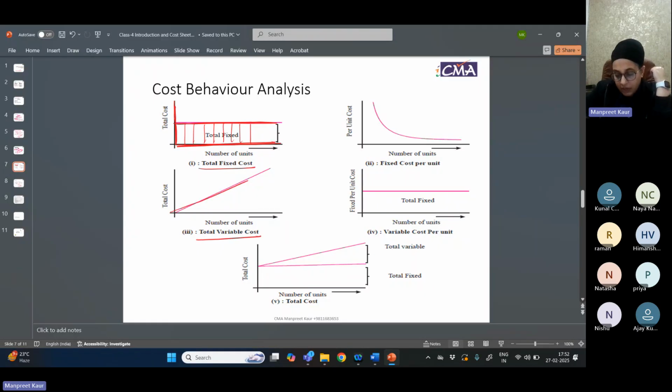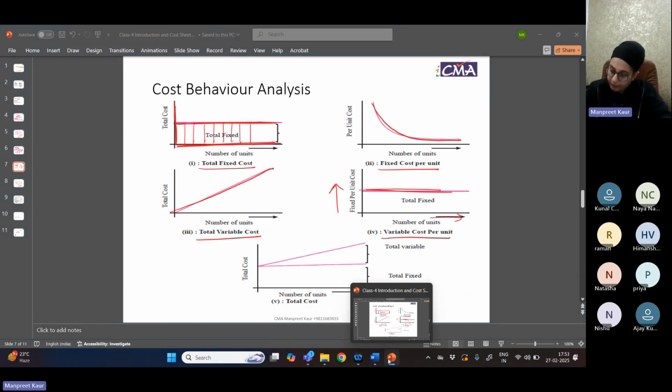It increases when number of units increases. Next is fixed cost per unit. Fixed cost per unit becomes less if the number of units increases. Variable cost per unit is, this is the fixed cost per unit and this is the number of units. This is the total fixed cost. So look at the trend.